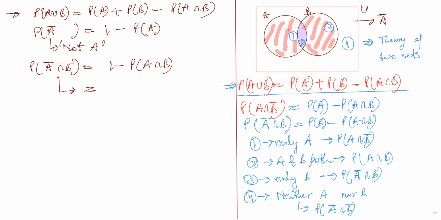On the same basis, can you define this formula, the last one? Guys, just note this, okay? This is important, theory of two sets, because all the formulas of sets will be directly used in the form of probability as well. Probability of neither A nor B, A complement intersection B complement.